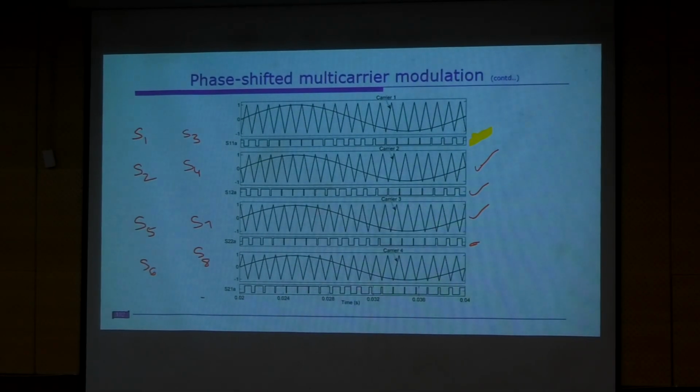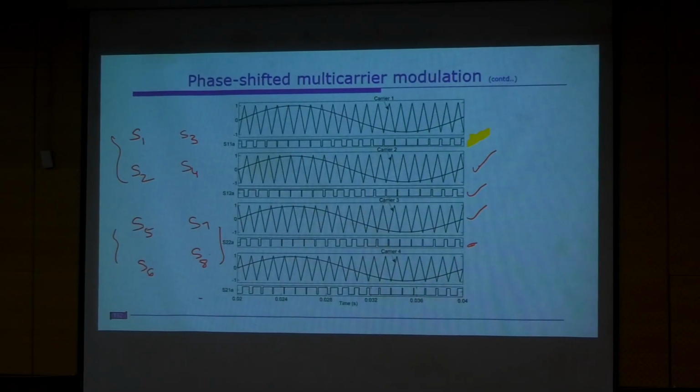S1 to S4 are on the top H bridge and S5 to S8 are on the bottom H bridge, right? These two are complementary, and similarly these are complementary pairs.